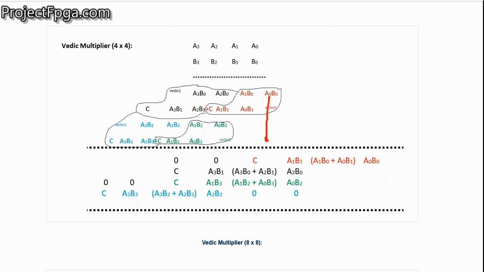A0B0 will come down. It's part of our final answer. Then this one, we've already summed it up here. Then this one goes like this. So you can see it here also. Watch them down. I substituted the 0 here for the blue. Then here also, you can watch it down.